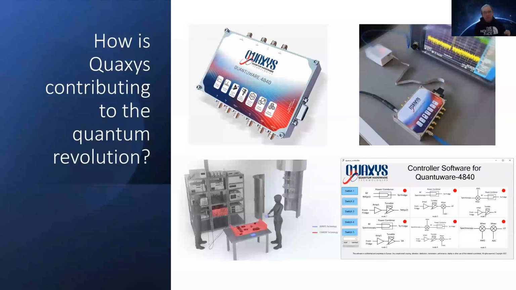It has also inputs and outputs for a network analyzer and spectrum analyzer, where you can use, for example, the network analyzer to measure the resonant frequency of the readout resonator, and it has also inputs for the AWG, arbitrary waveform generator, and RF source, where you can up-convert the signals using, again, an IQ mixer, which is this kind of modulated signal used for the control of the qubit.